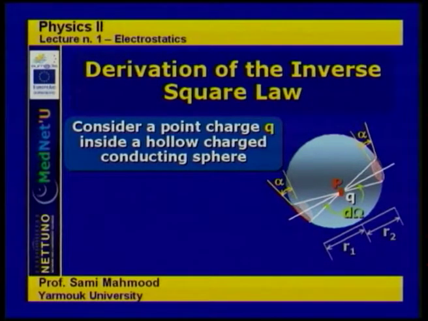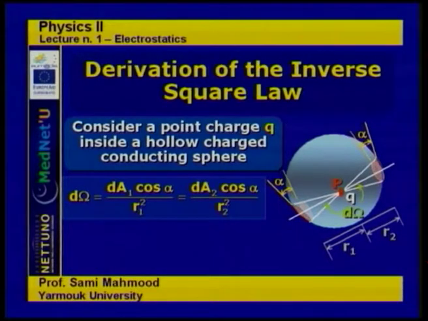The surface element on one side is at a distance r1 from the point charge Q, and the surface element from the other side is at a distance r2 from the point charge Q.